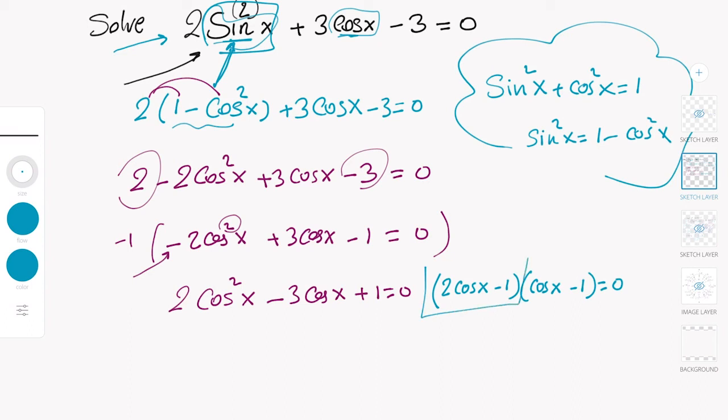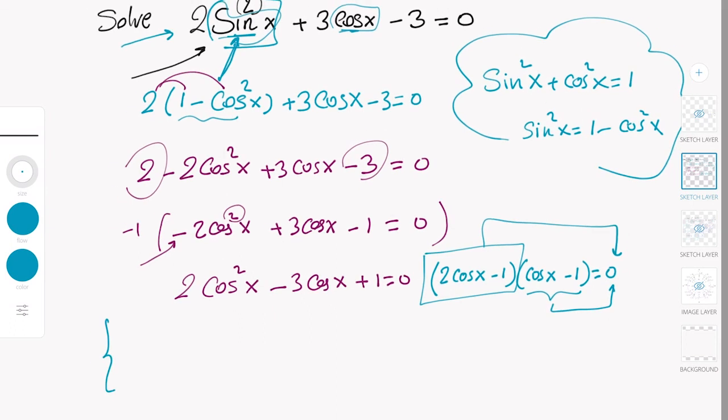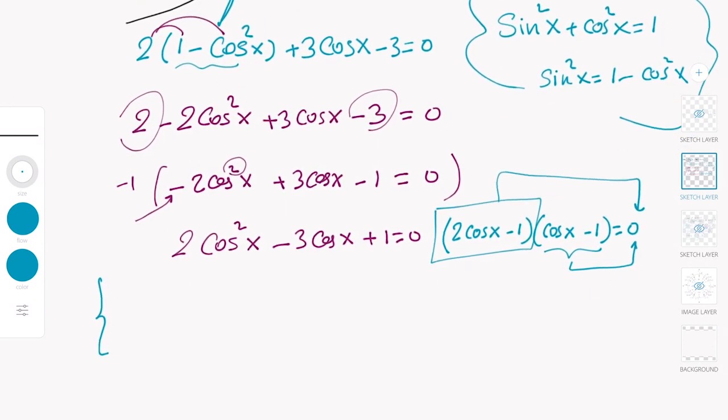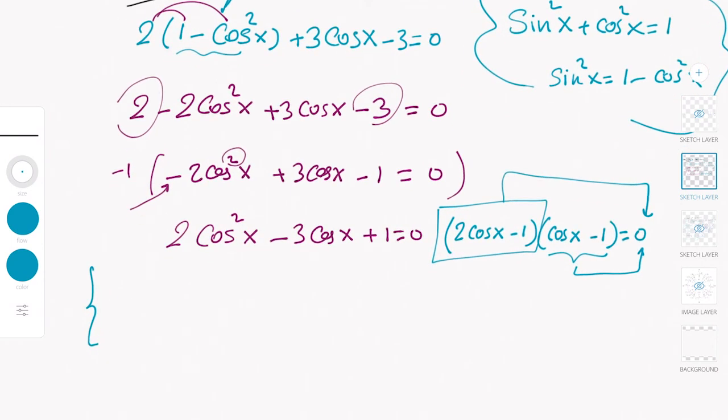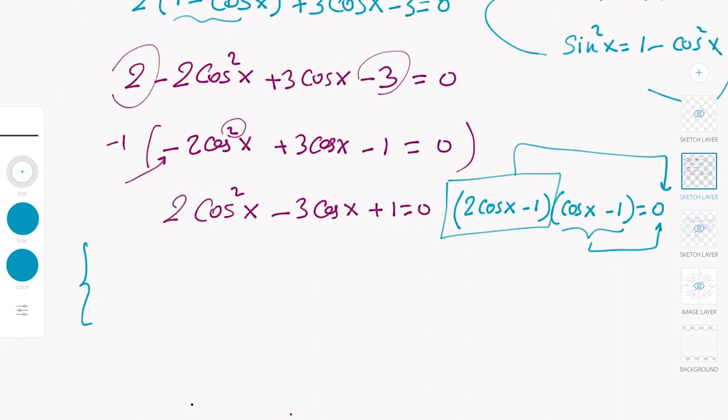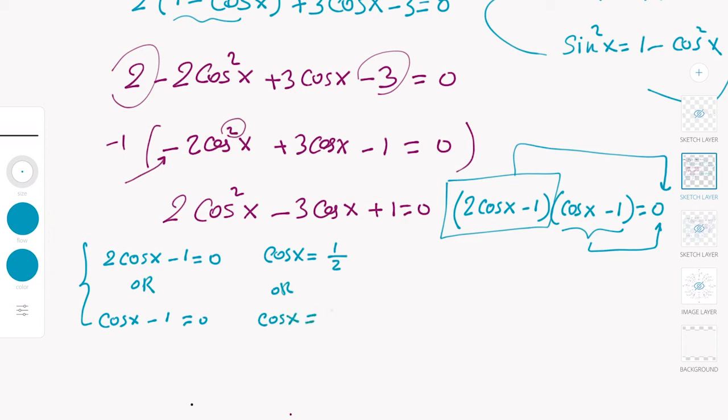This means the first parenthesis must be 0 or the second parenthesis must be 0. We have 2 cosine of x minus 1 equal to 0 or cosine of x minus 1 equal to 0. Here we get cosine of x equal to 1/2 or cosine of x equal to 1.